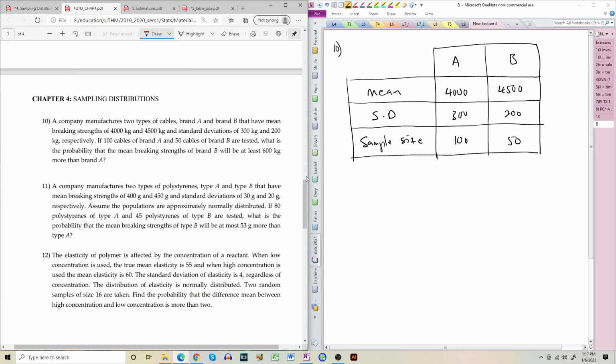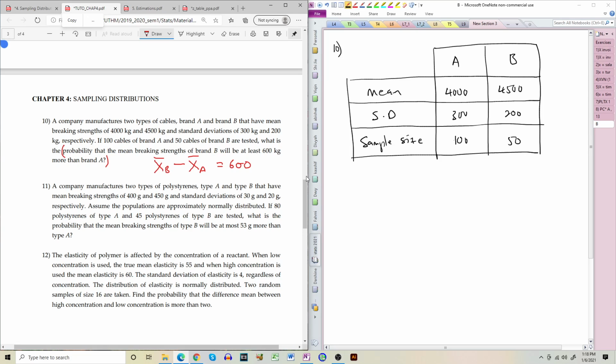Look at this sentence: the probability that the mean breaking strength of brand B will be at least 600 kg more than brand A. So which one is higher? B is higher. So of course you have to minus A. How much more is it? 600. That's how you have to start your thought process.